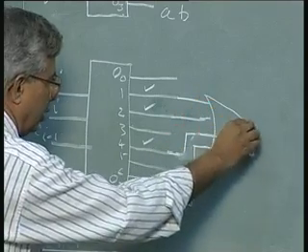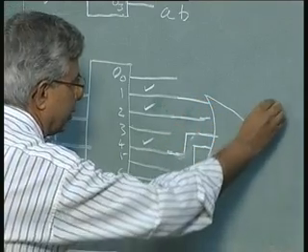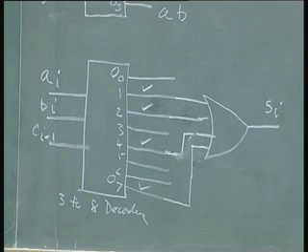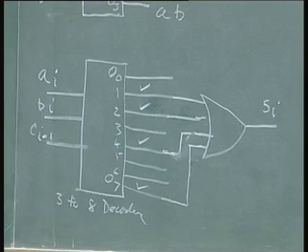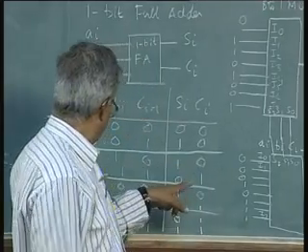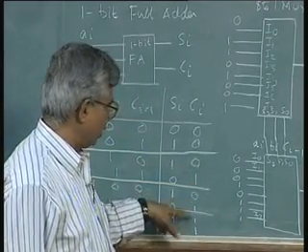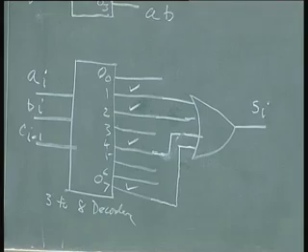Tie them together and call it Si, and for the carry we want the outputs 3, 5, 6 and 7.